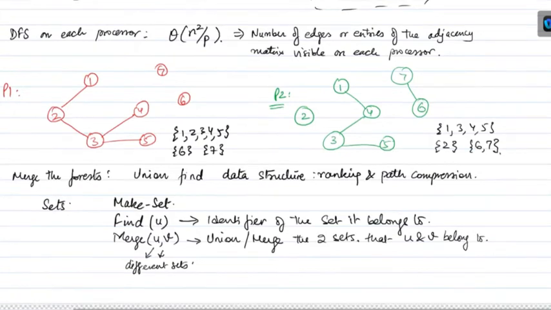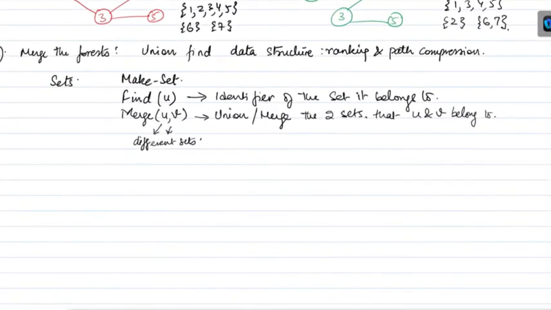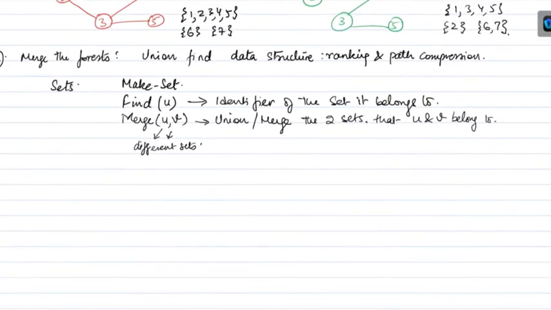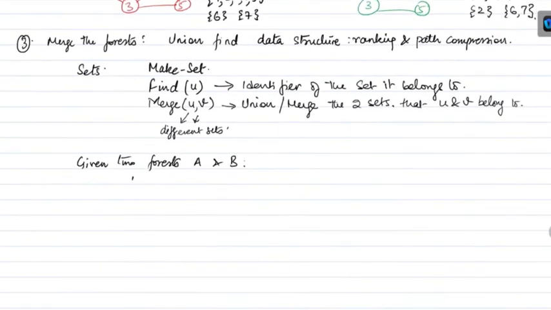Now we want to merge these. So how can I merge these? Let me try to define it more generically. We are given two forests, A and B, not trees, forests. We want to merge these forests. I examine one of these forests and look at all the edges present in that.